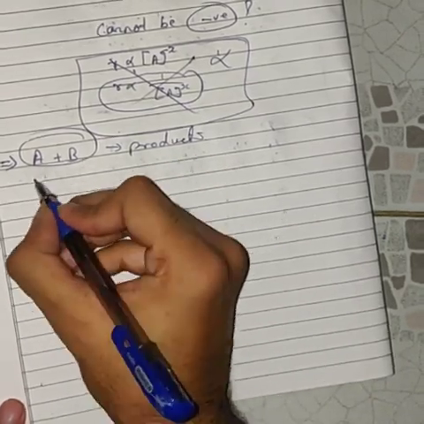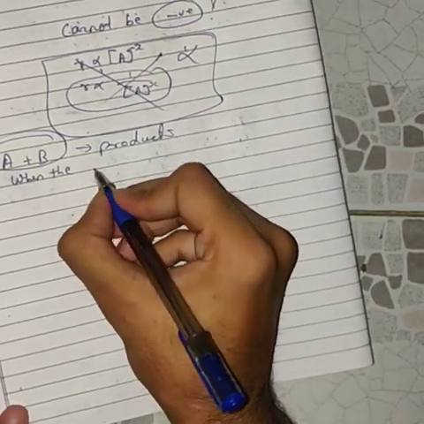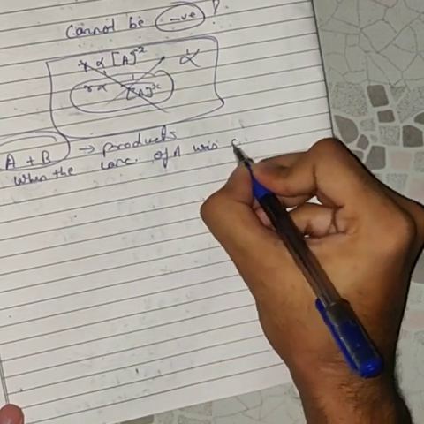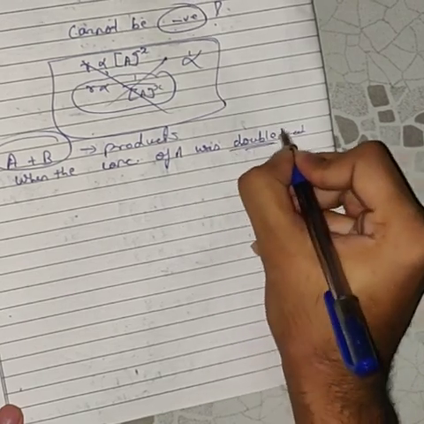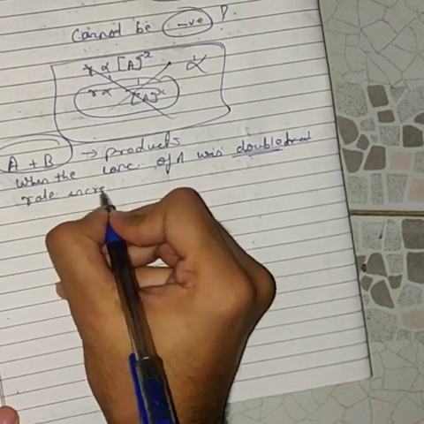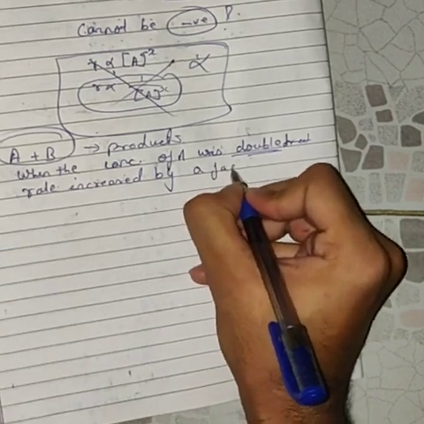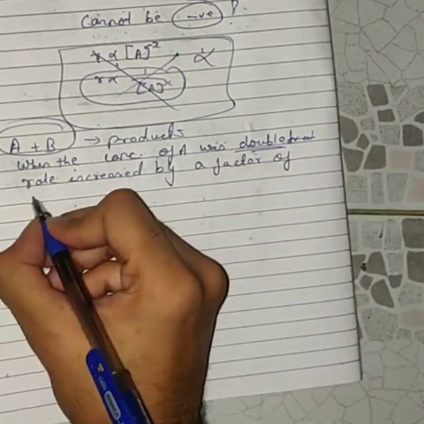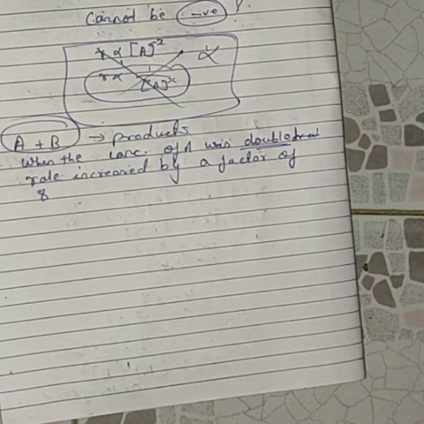The condition mentions that when the concentration of A was doubled, rate increased by a factor of, say, by a factor of 8. By factor of 8 means rate increased 8 times.